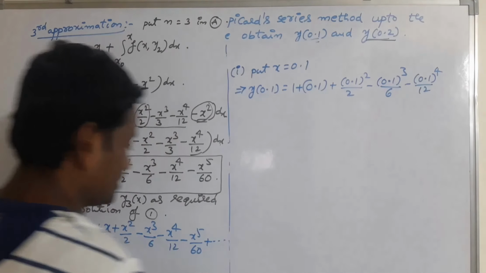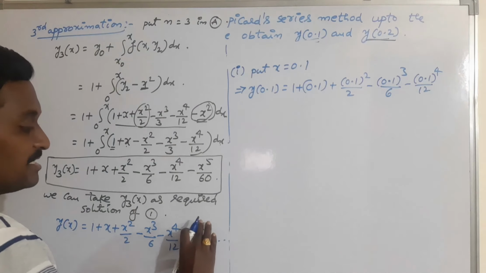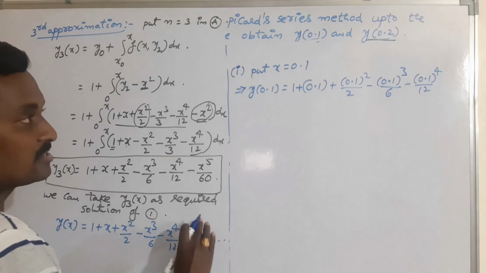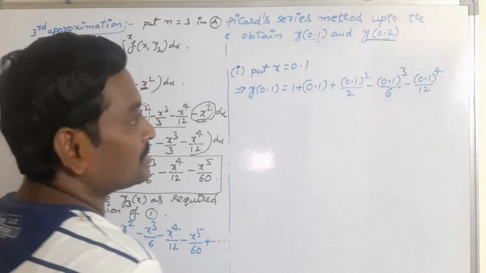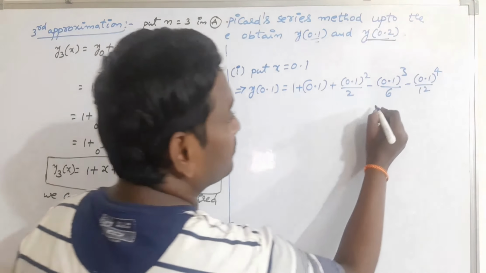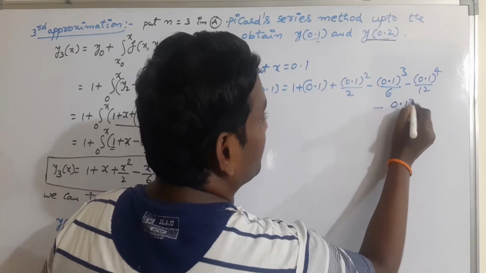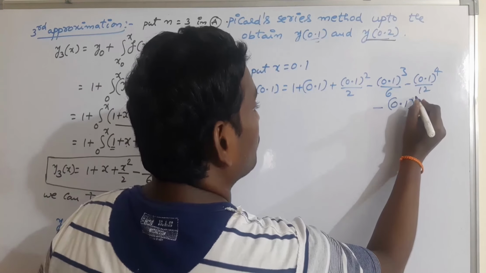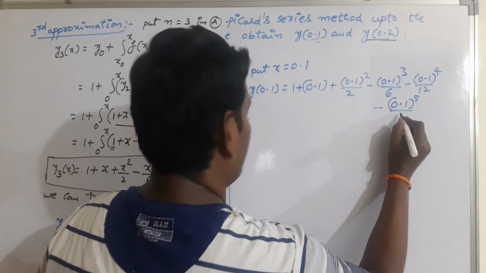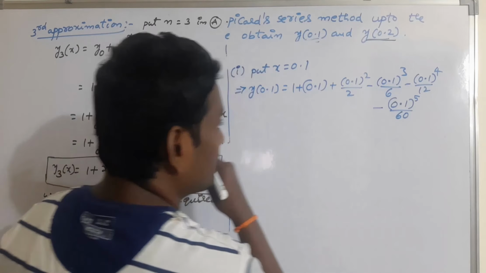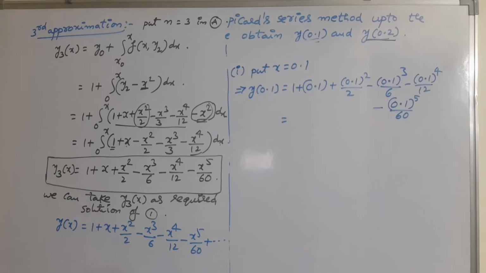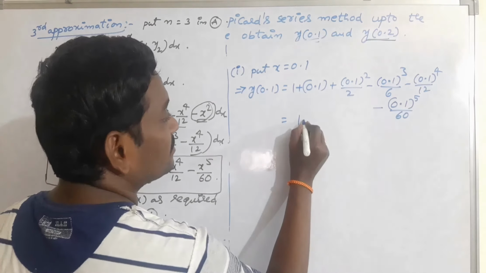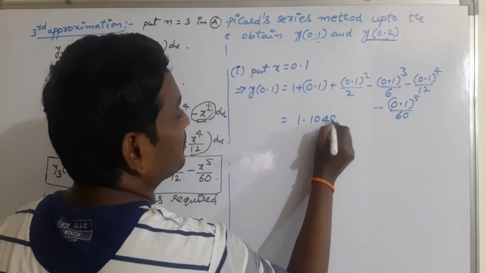Minus, you can neglect this term because it is almost 0. Otherwise you can use a scientific calculator and get a similar value. You can neglect the fifth term, no problem, 0.1 whole power 5 by 60. By using a scientific calculator you may get the answer as 1.1048. You can check this one.